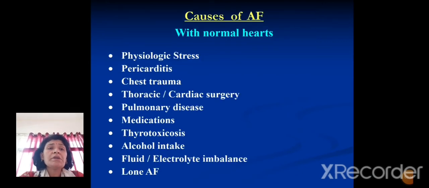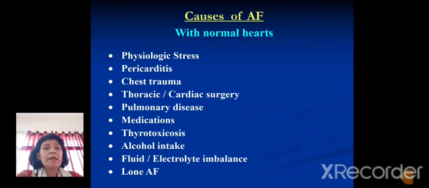Now, patients with a normal heart can also develop atrial fibrillation because of physiologic stress. There can be pericarditis in these patients. Chest trauma can lead to atrial fibrillation in patients whose heart is structurally normal. Atrial fibrillation can develop after thoracic or cardiac surgery. Pulmonary diseases can lead to that.